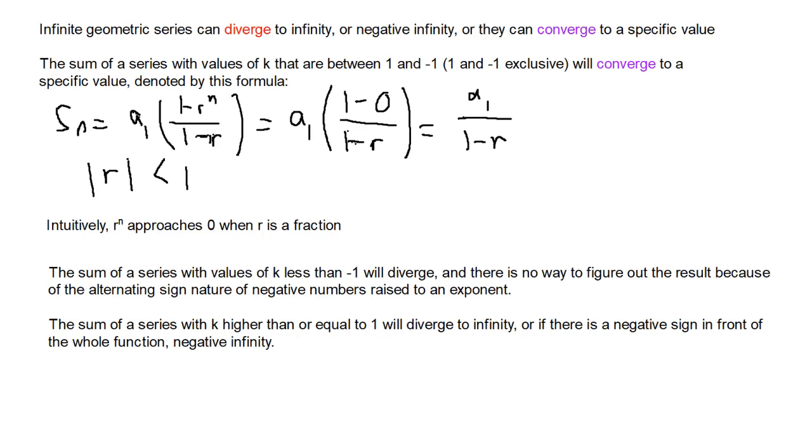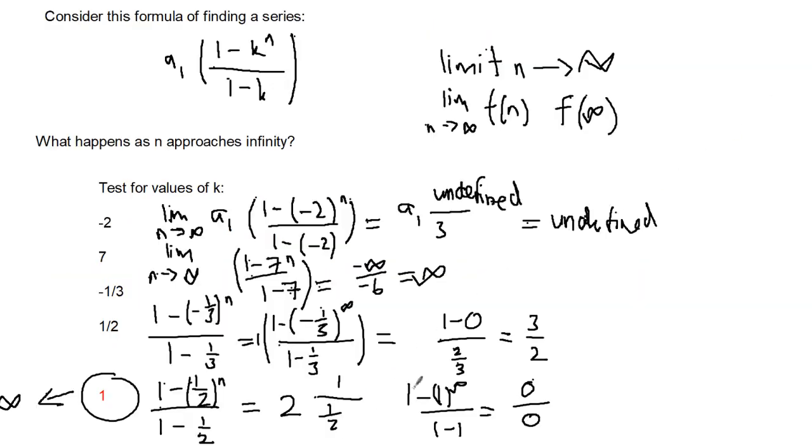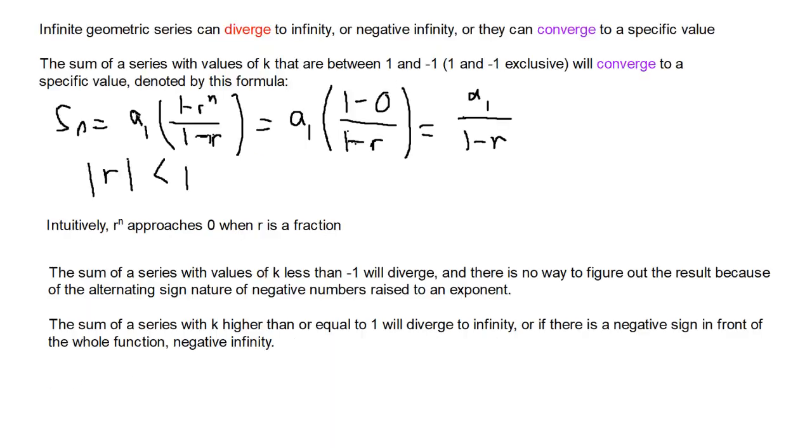So if we go back to this slide right here, this gave an undefined answer. This gave an infinity. This gave an actual answer. This gave an actual answer. Right? It gave 1/2. It gave 2. I mean, this didn't. This just gave 0 over 0. That's not an actual answer. It's an indeterminate form.